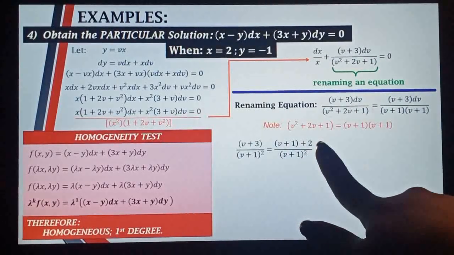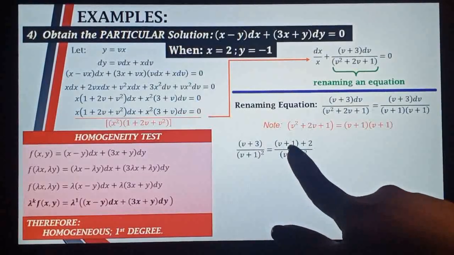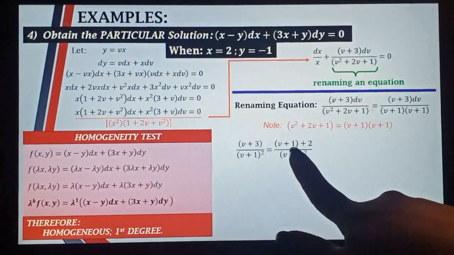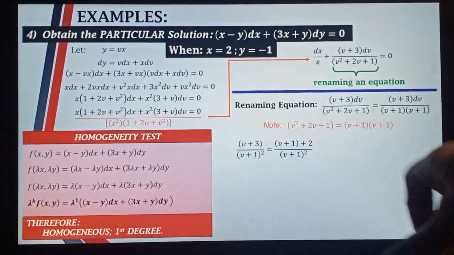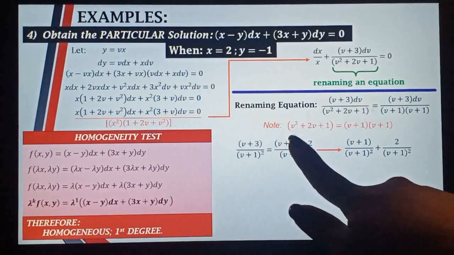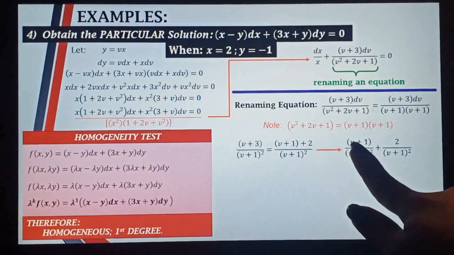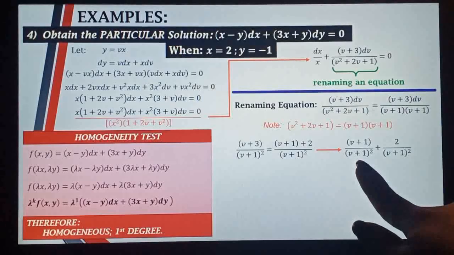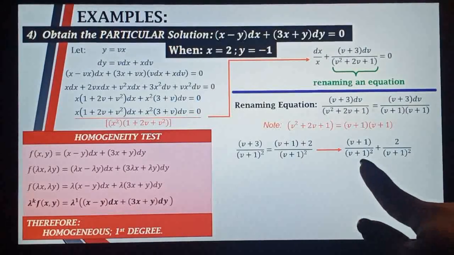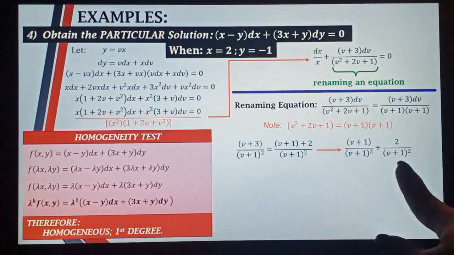That is still v plus 3. Why did I make it v plus 1? To be the same as the denominator. So we can now separate it: v plus 1 plus 2 becomes v plus 1 over v plus 1 squared, plus 2 over the same denominator, v plus 1 squared.